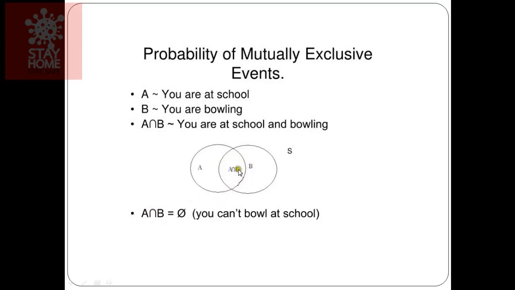That intersection area will be phi. Phi means empty set. That's why it is called mutually exclusive. If you cannot bowl at school, then it will be mutually exclusive. But if you have a bowling place in the school, then it will not be mutually exclusive.